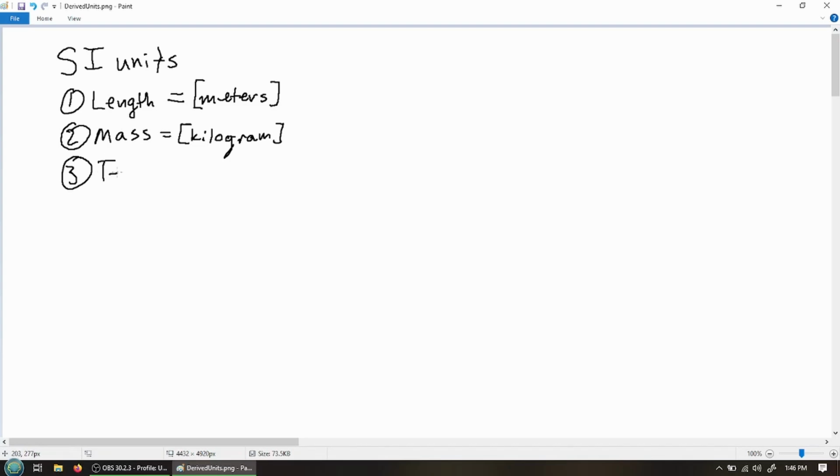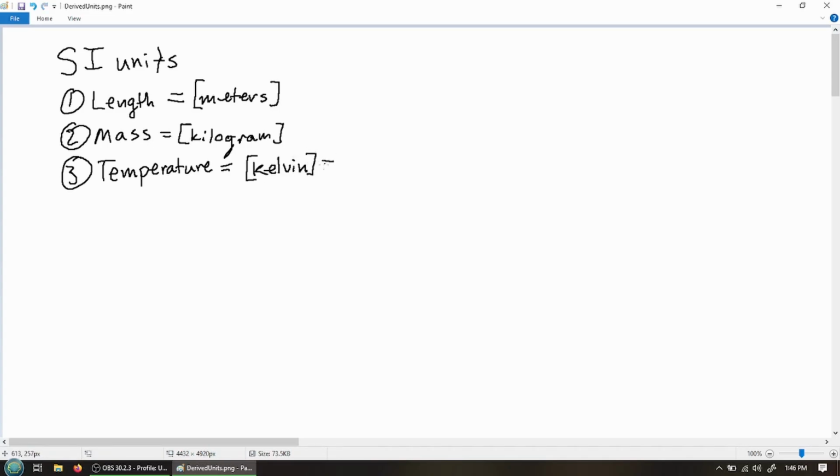We also talked about how in the SI system, as our measure of temperature, we use the degree Kelvin, although we wouldn't say degree there. We would just write this as a Kelvin.